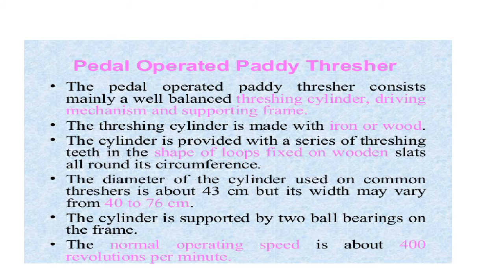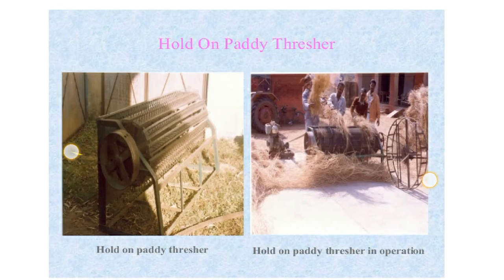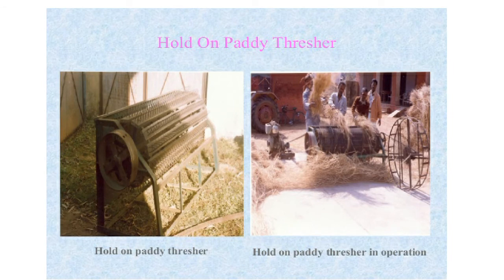The diameter of the cylinder used on common threshers is about 430 cm, and its width may vary from 40 to 76 cm. The cylinder is supported by two ball bearings on the frame, and the normal operating speed is about 400 revolutions per minute. This is the hold-on paddy thresher.